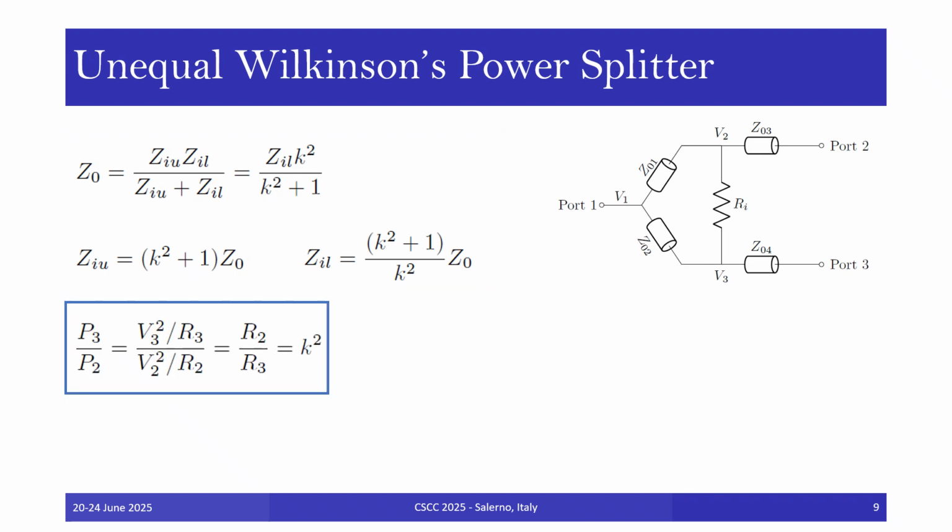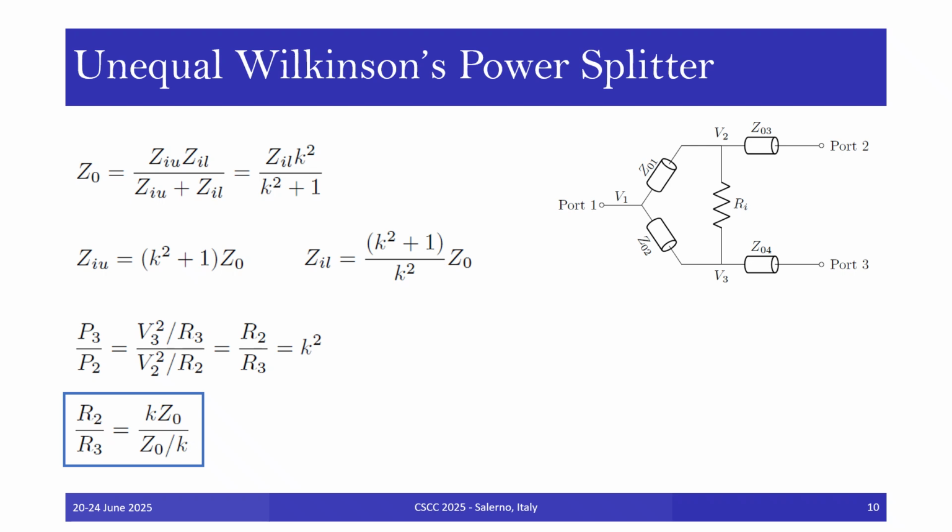In this type of splitter, when the power is fed in port 1, voltages at node 2 and node 3 will be the same, such that P3 is K squared times P2, where R2 and R3 are the equivalent loads seen at nodes 2 and 3 respectively.